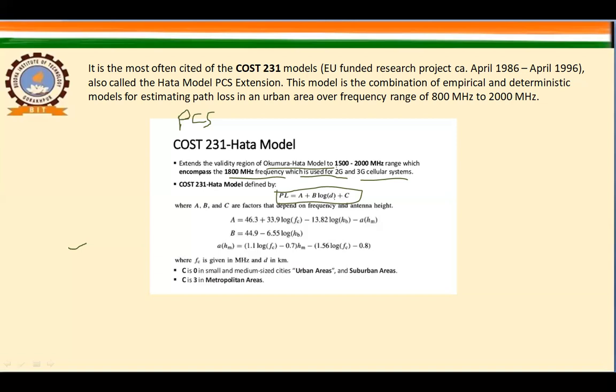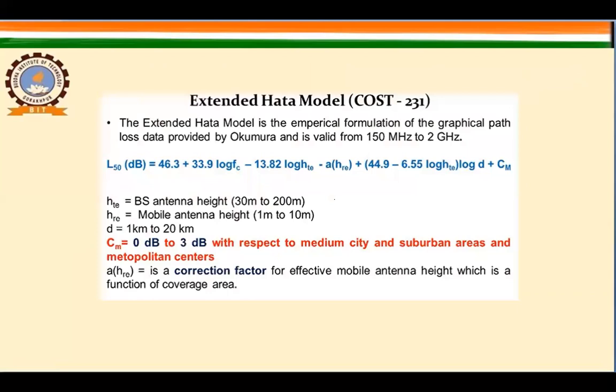C is 0 for small and medium sized cities, treated as urban and suburban areas. So this is the complete equation.